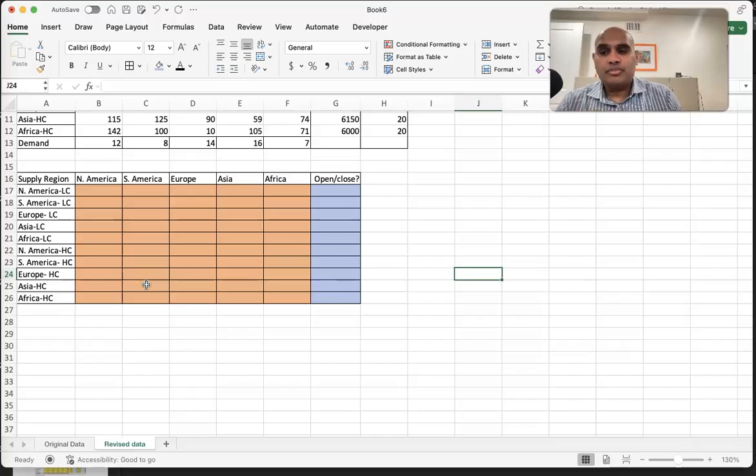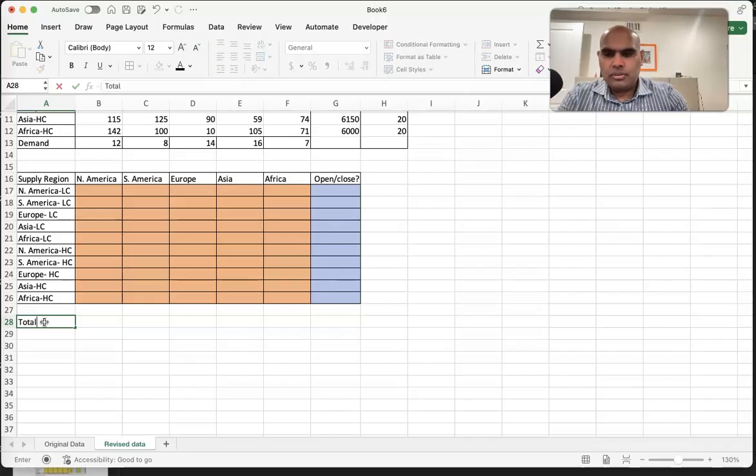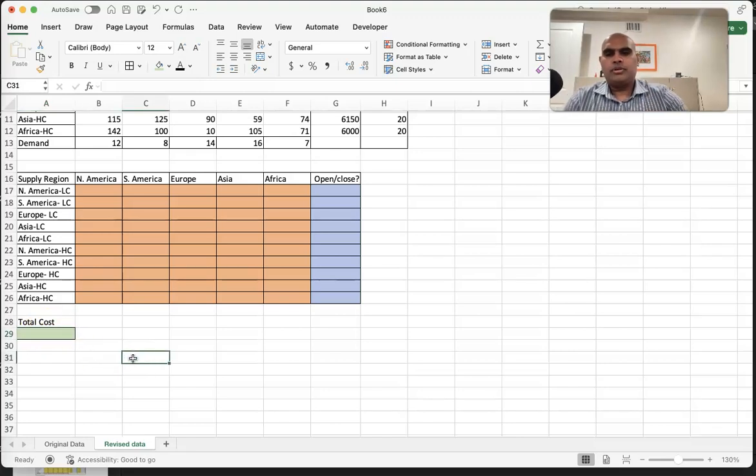If you have data about sales price and tariffs and all of that, you would likely solve this problem by maximizing profits or revenues rather than minimizing cost. But here we are doing cost, so let's just do total cost. And this is where I'm going to write the formula for total cost. I'm going to make it green, because green is for money. So that's where my total cost is going to be.